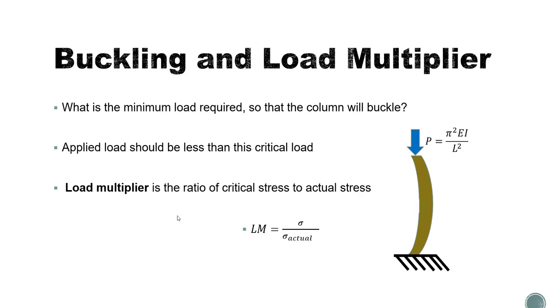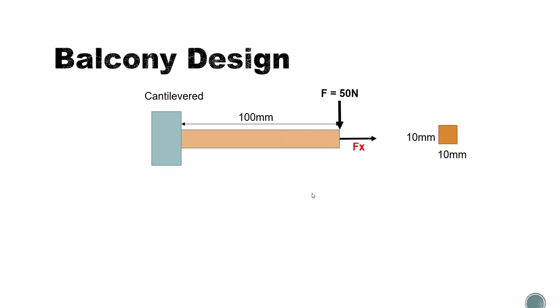So this load multiplier is a similar thing. It tells us whether the actual load is greater than the critical load or not. So if the load multiplier is greater than 1, the structure is safe, and if it's less than 1, then it will buckle. So let's look at a simple problem.